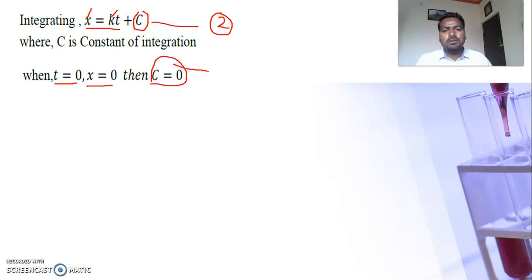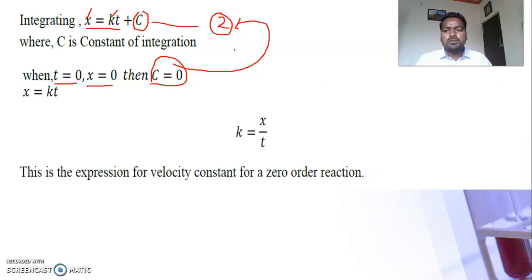Then substitute the value of c in equation 2 to get equation 3, that is x is equal to kt. If you rearrange this equation, it gives k is equal to x divided by t. So this is the integrated rate expression for a zero order reaction.